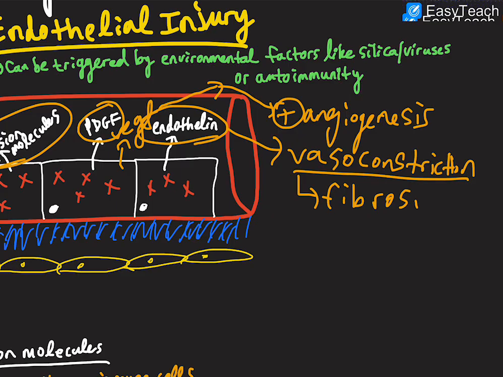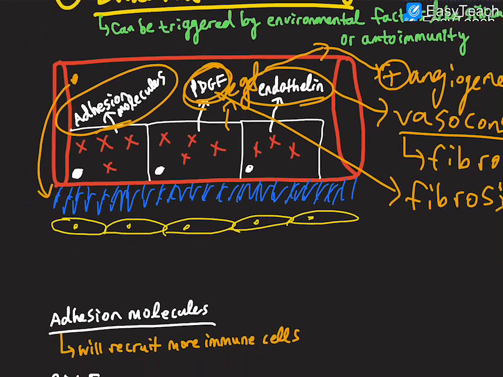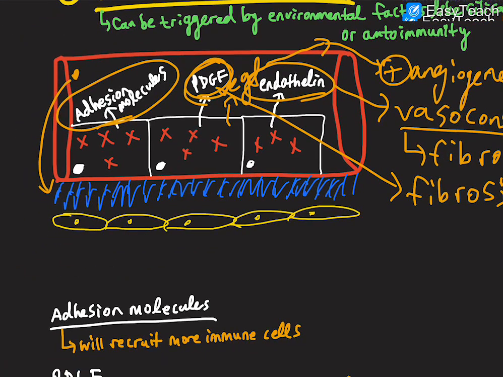You're also releasing a lot of platelet-derived growth factor, which can also contribute to fibrosis, not only narrowing of the blood vessel itself, but also fibrosis of the organ tissue, whatever organ this blood vessel is supplying.